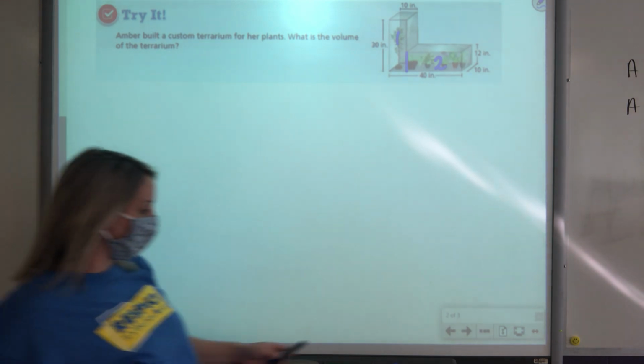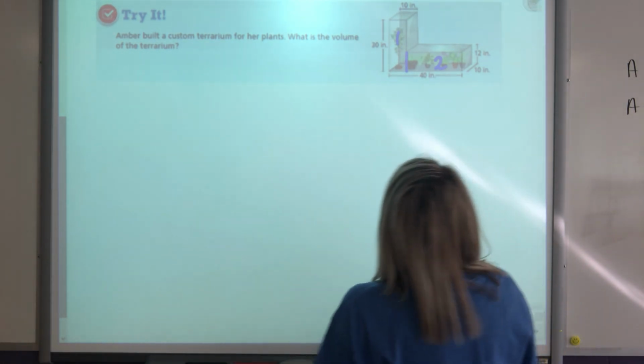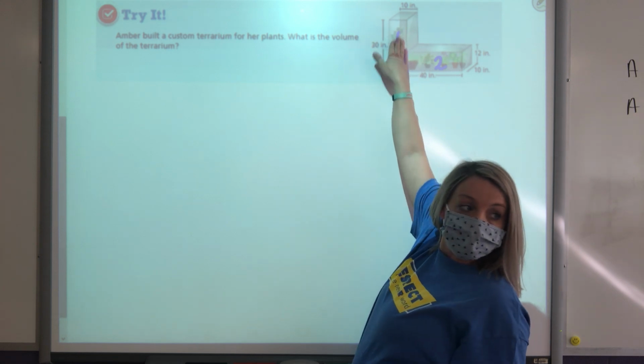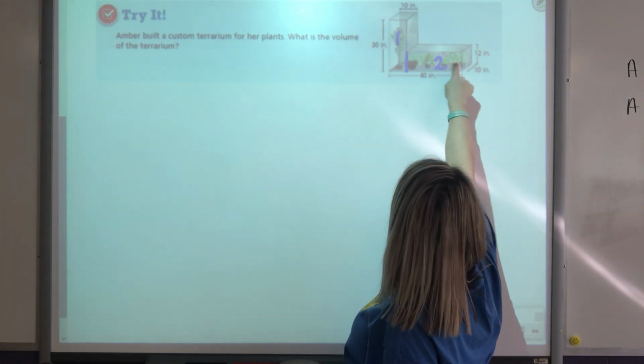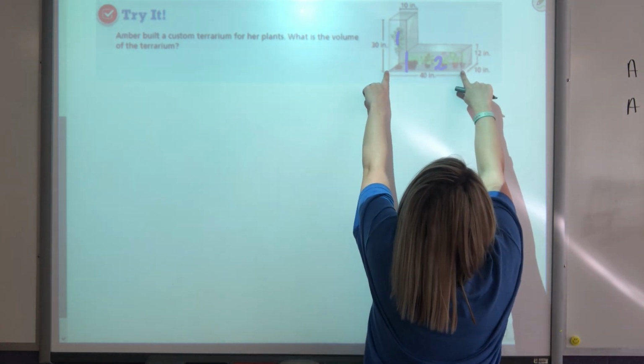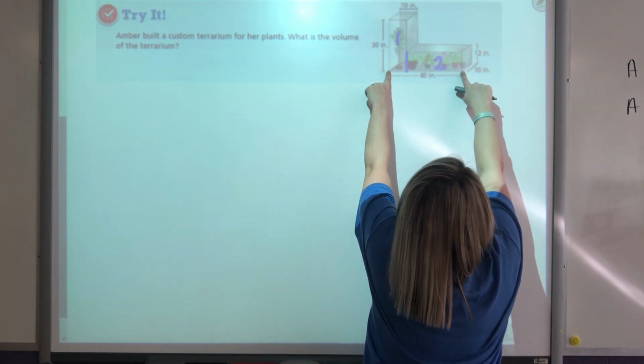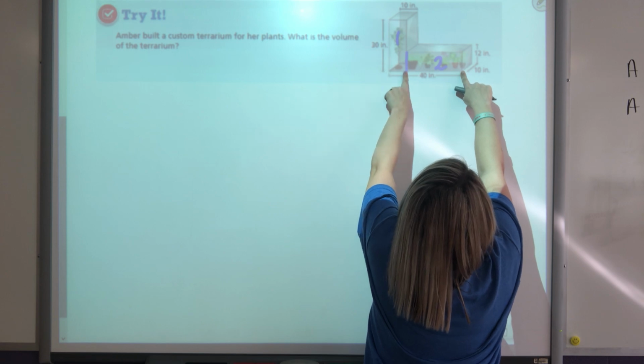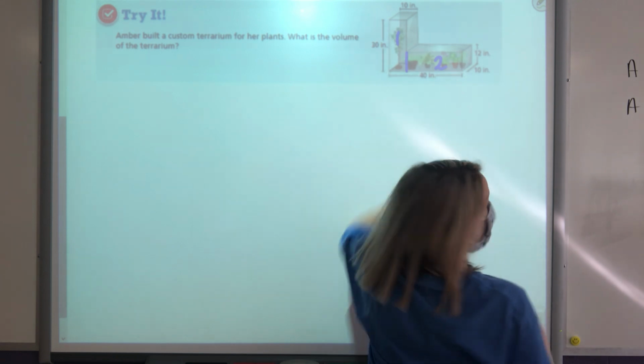Okay, so what I'm referring to is that because I split this into the first rectangular solid and the second rectangular solid, this entire measurement is 40. But I need to know just this measurement here, from here to here.